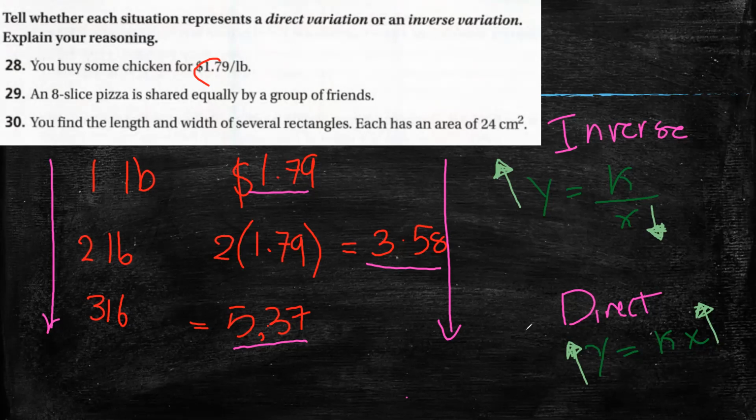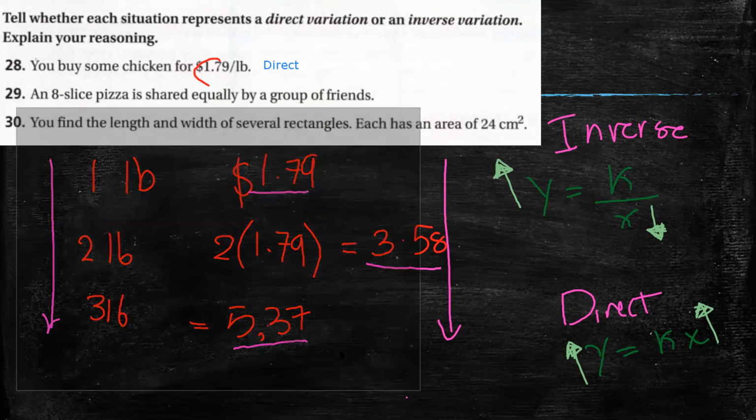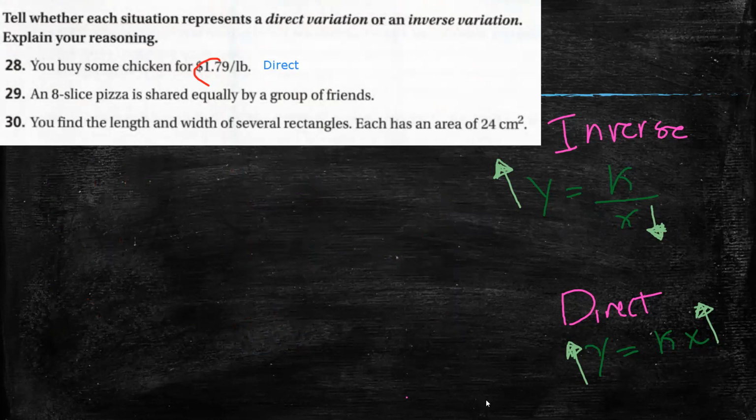If you have increase and increase, this is direct. Is it clear? Yes, miss. So I increase the weight of the chicken and the cost increases. In my mind, this is direct.